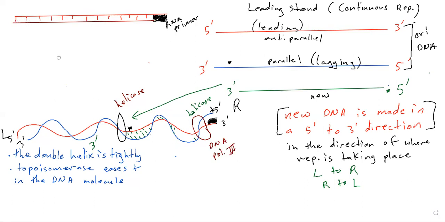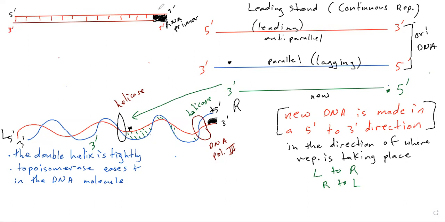Just like that. Now, in terms of 5', 3', remember your original strand up here, the leading strand, it was 5'. This one was 3'. Remember, your new strand is made 5' to 3'. So this is 5' and this is 3'.